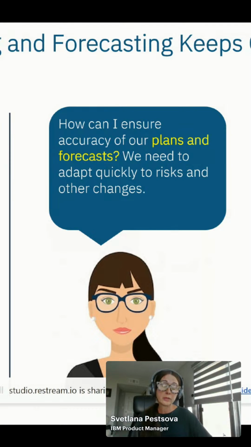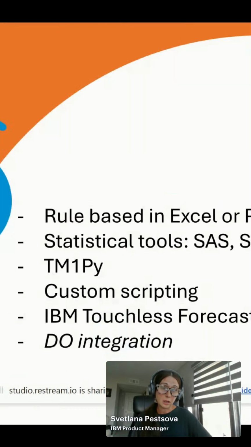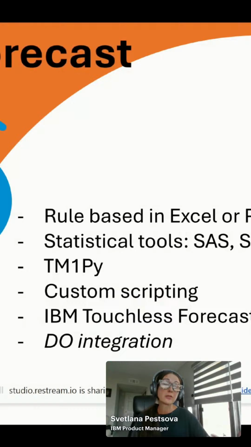So all those questions we're trying to cover, and we know that in current days, many people are relying on rule-based forecasts in Excel using formulas, which probably take a long time, right? We are putting in the calculations.